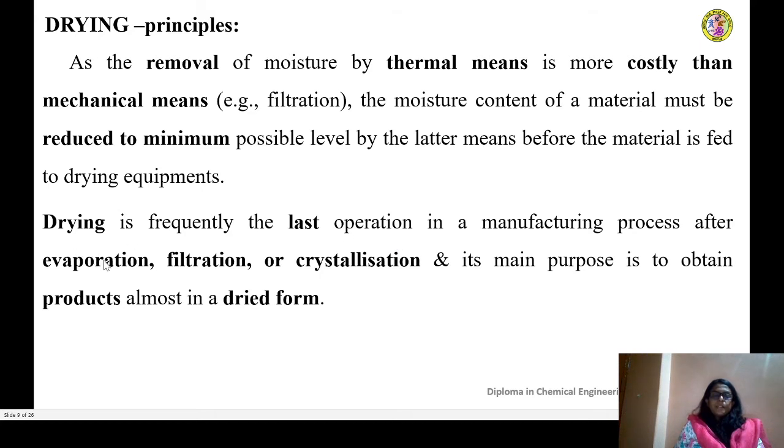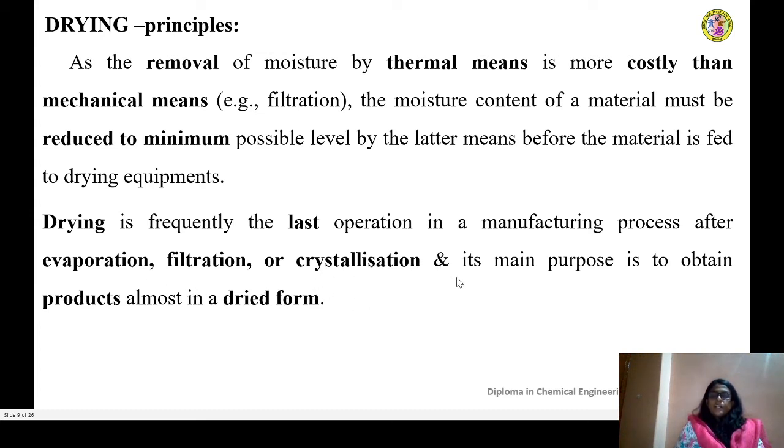So it happens that drying is frequently the last step in a manufacturing process after evaporation, filtration, and crystallization. So these are three unit operations that usually precede drying operation. So before drying could take place in a manufacturing process, you can see evaporation, filtration, or crystallization.